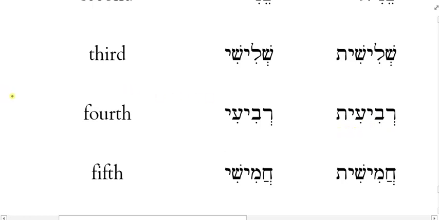The cardinal number is arba, by the way. So you'll notice that part of arba is here on the ordinal number. The aleph is missing, okay? But we have the resh, bet, and ayin. So revi'i, fourth. Fifth, the cardinal's chamesh. This is chamishi for masculine, chamishit for feminine singular.